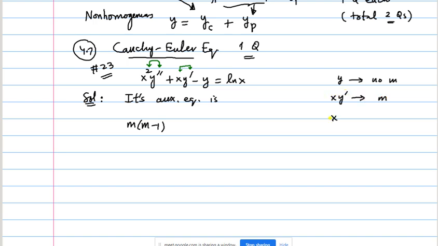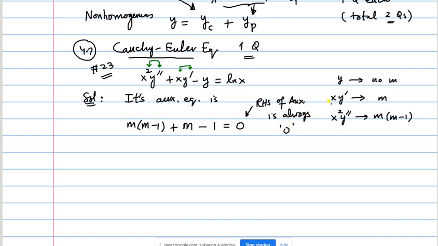For x squared y double prime, both go away together. This is m into m minus 1. So then plus x y prime only gives me m, and minus y will only give me 1, is equal to 0. The right side is always 0, remember. The right hand side of the auxiliary equation is always 0.